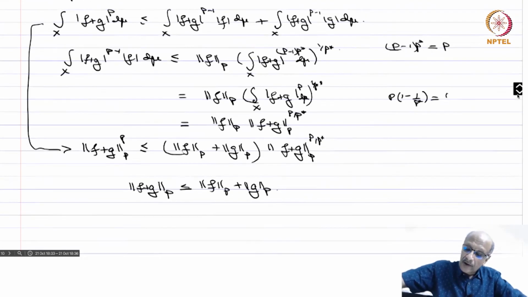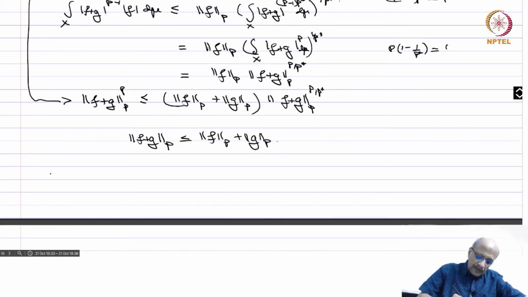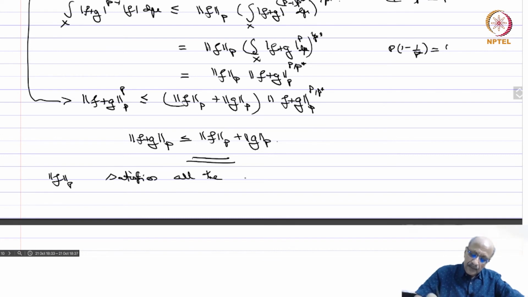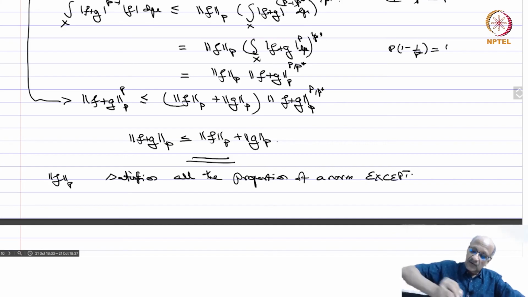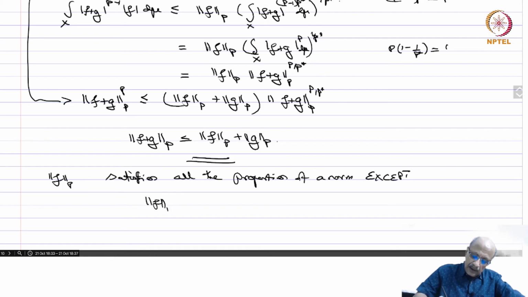Okay, so now what have we seen? If you take this norm f_p, that proves Minkowski's inequality. Then it satisfies all the properties of a norm, except there's only one property which it doesn't follow. Norm f_p equal to 0 does not imply f equal to 0.